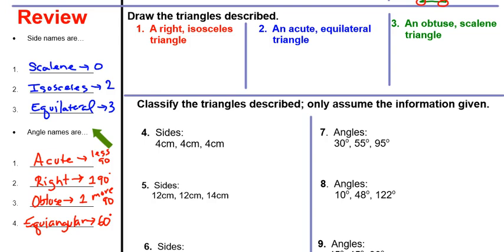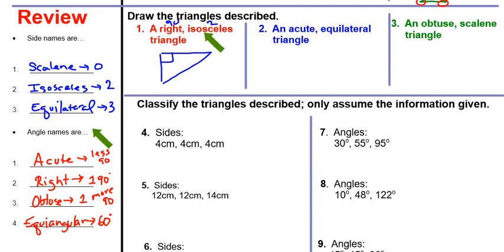So let's take that information and draw some pictures that go with it. The first one we have here, we are going to do a right isosceles triangle. As soon as we see the word right, we're thinking 90 degrees. And as soon as we see the word isosceles, we're thinking two sides the same. So the first thing we can do is draw a right triangle.